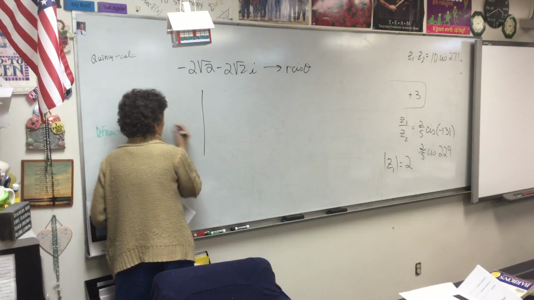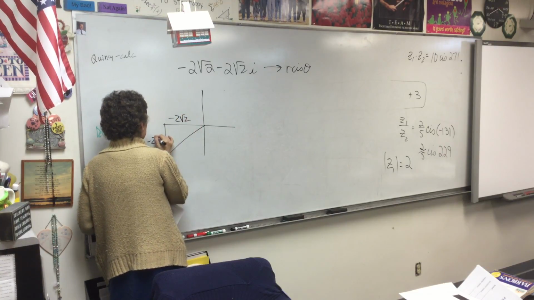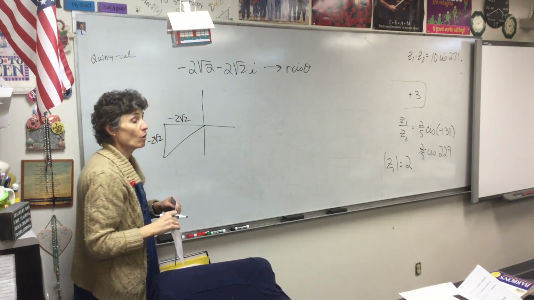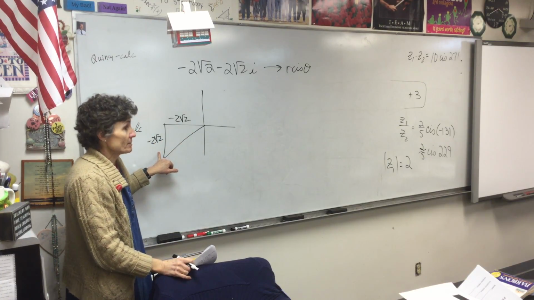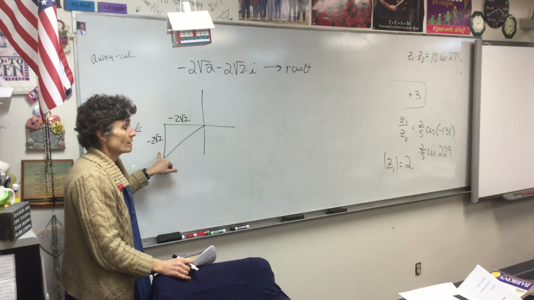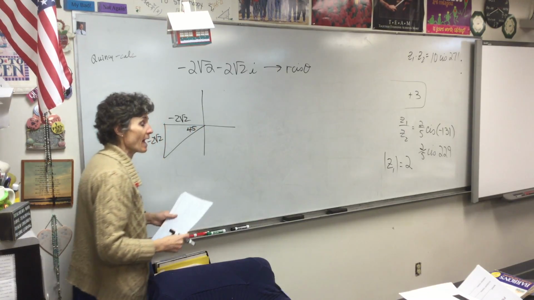Well, I'm going to draw a picture of it so that I can really get a good handle on my angle. I know it's going to involve squaring those and adding them up and taking the square root. It's a 45-degree angle. Keyshawn's already noticed that.